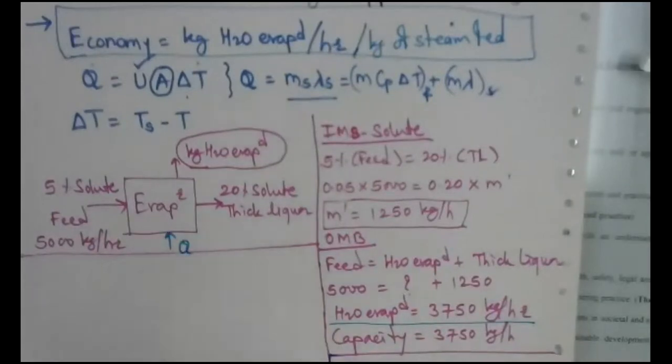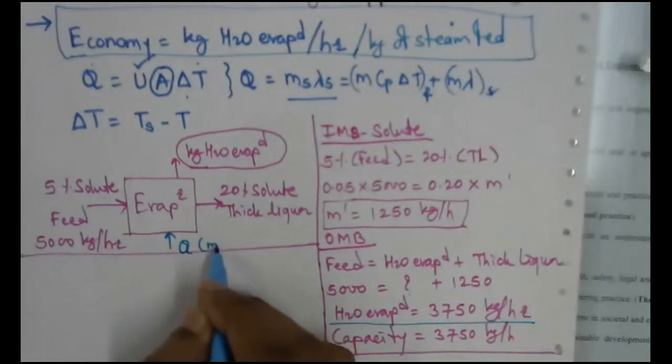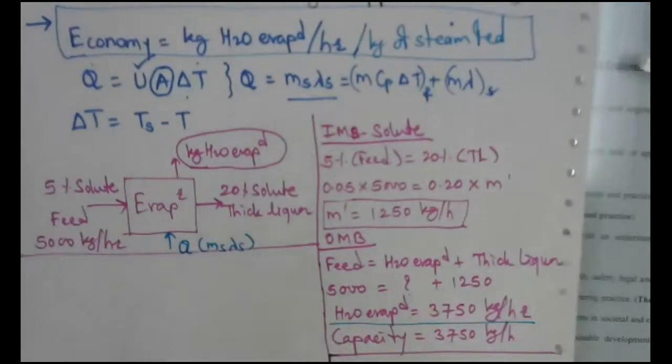So here normally we are providing this Q, that is ms lambda s, because for the steam that is in the gaseous or vapor phase, that is why latent heat calculation should be there.